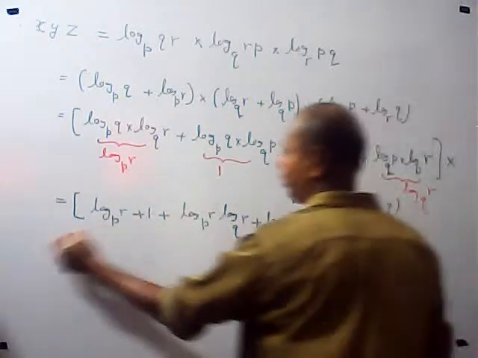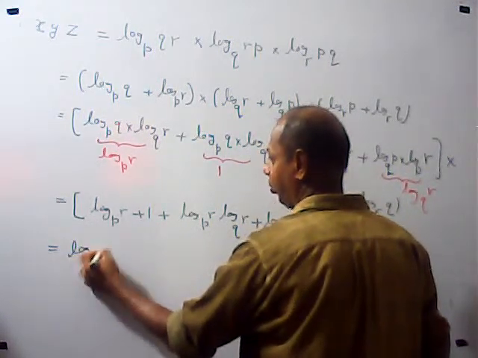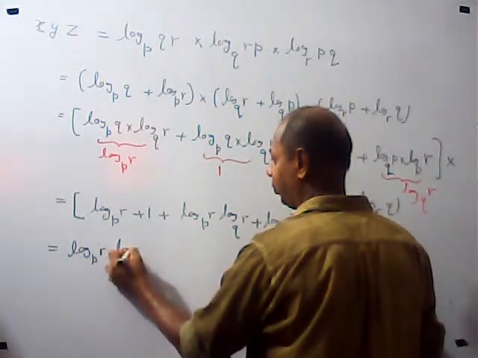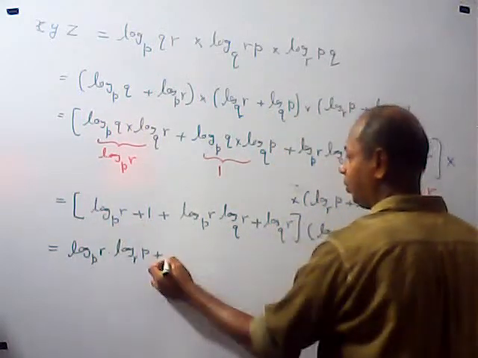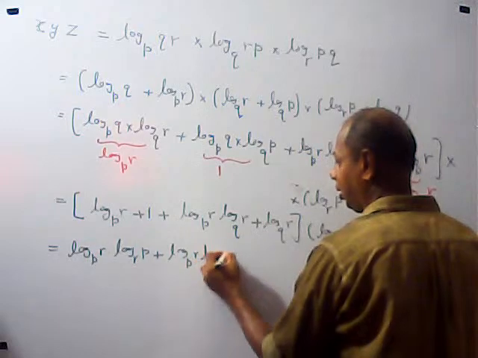So multiply log PR by this, log RP plus log RQ.